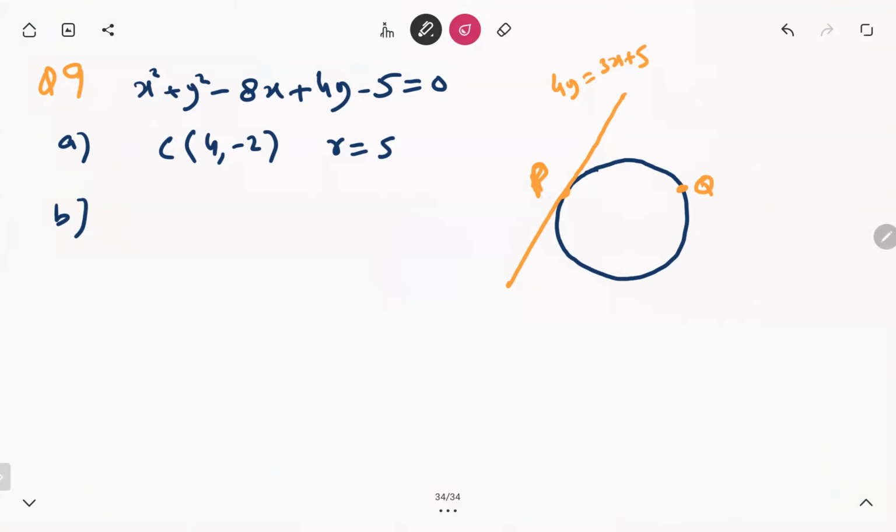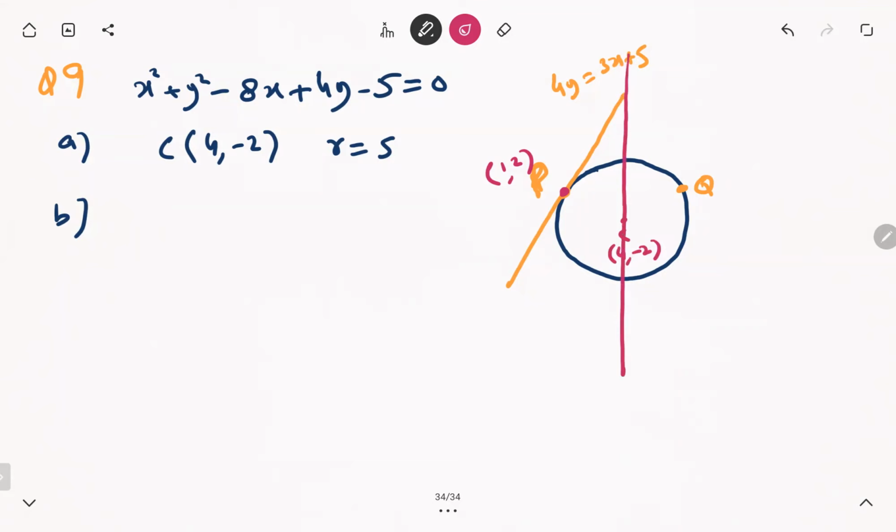And remember, we already have the coordinates of P, which is 1, 2. If this is parallel to x-axis, so here is the mid-central point C. So what are the coordinates of C? 4 minus 2. So yesterday also we talked about this, if you draw a vertical line which is passing through C like this, the y coordinate will remain the same.